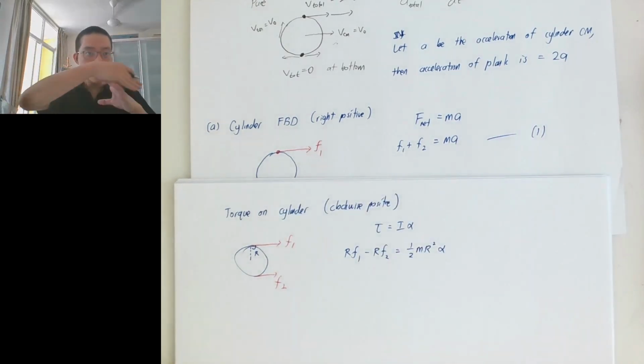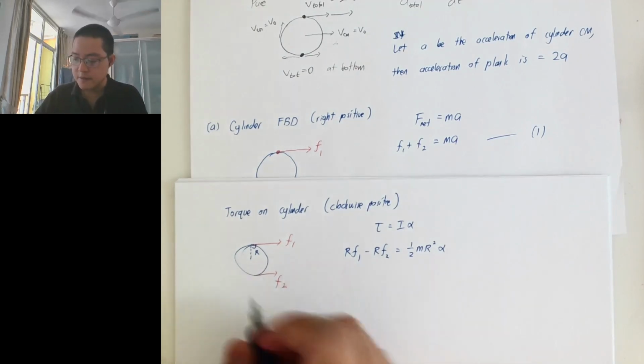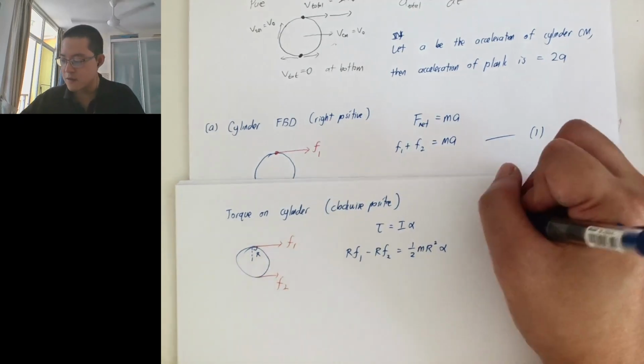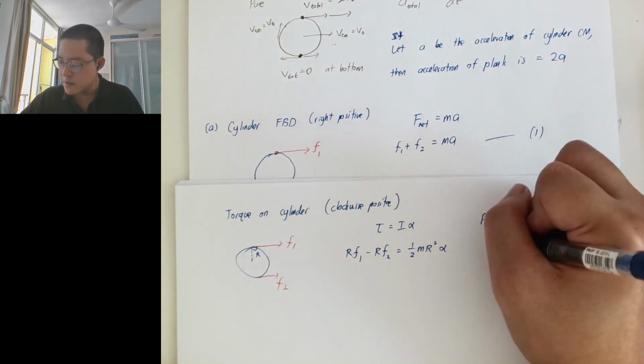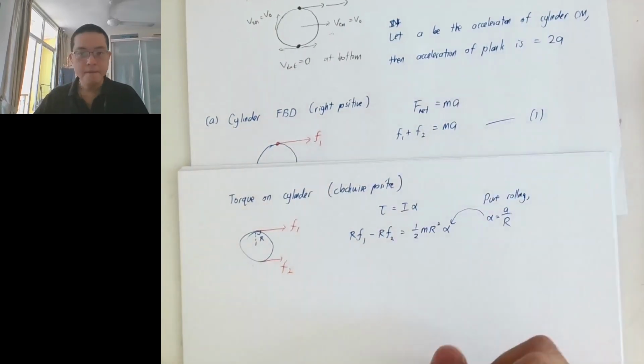But this is pure rolling, so there's no relative motion between the cylinder and the floor. So only for pure rolling, we can say alpha is equal to A over R. So I can put this in.